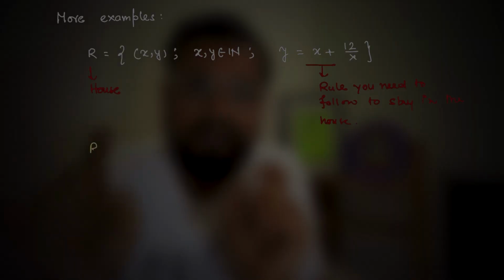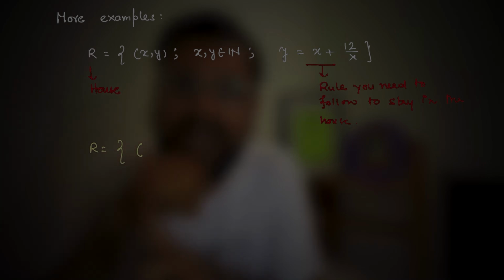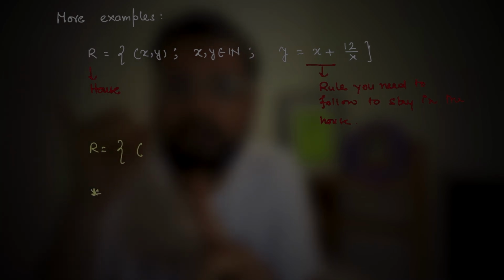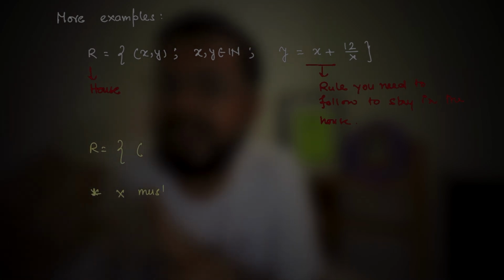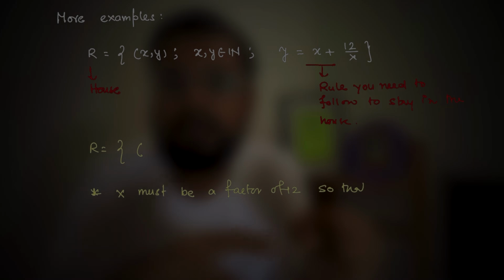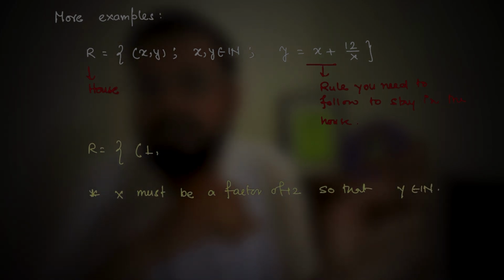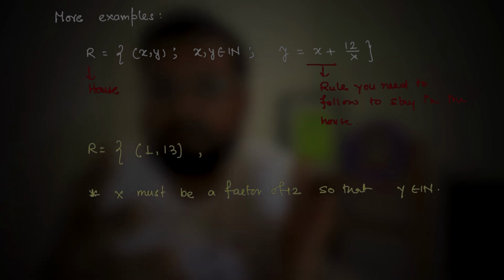Now there is a very important thing to observe here: y is not a natural number if x does not divide 12. So x can take values which are the factors of 12, for example 1, 2, 3, 4, 6 and 12. And accordingly, you get the values of y. If you put x equal to 1, you get 13 as the value of y.